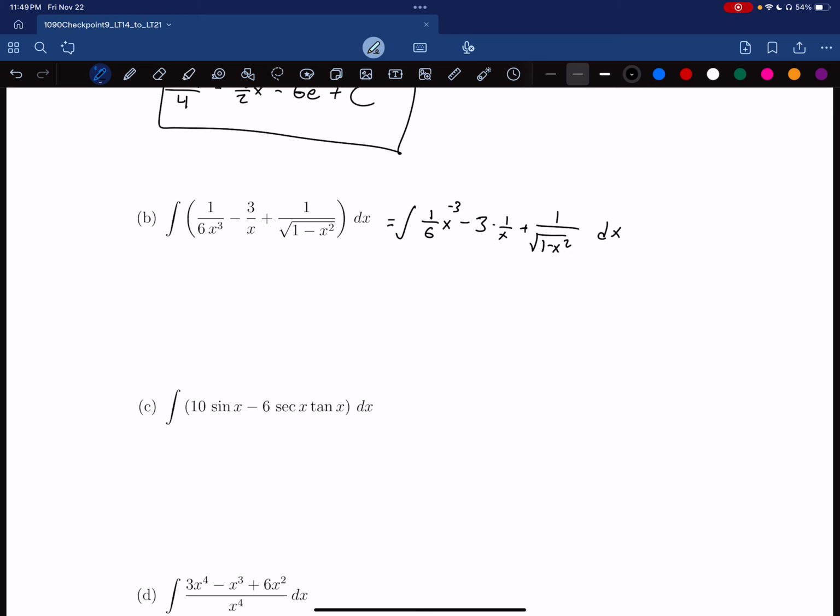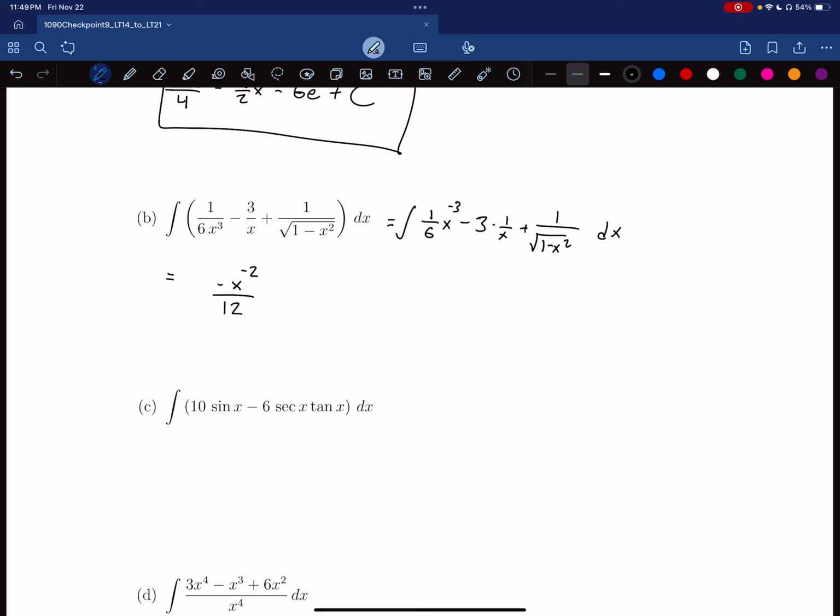All right. So the first term here, we're just going to be using the reverse power rule again. Adding 1 to the exponent, we'll have x to the negative 2. And dividing by that negative 2, we will have a negative 1/12.